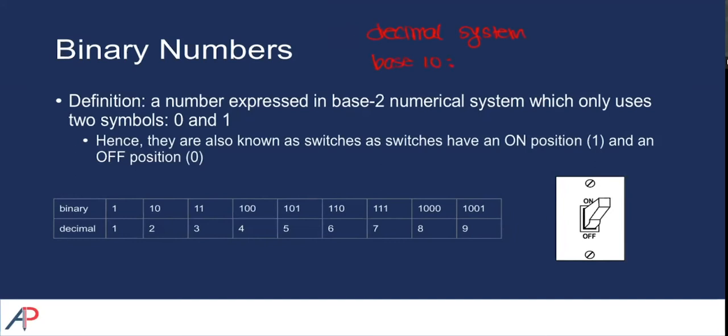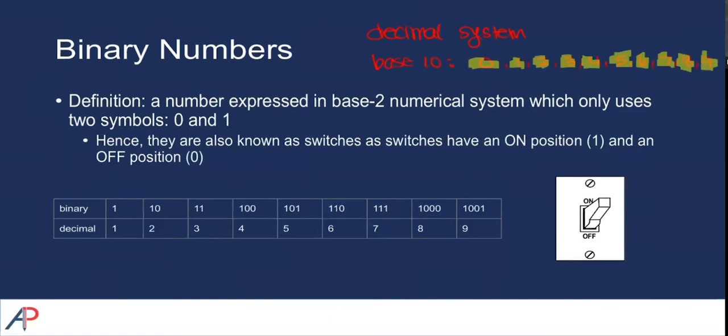The reason it's called a base 10 system is that if we count the actual digits that we use, we have 0, 1, 2, 3, 4, 5, 6, 7, 8, and 9. Those are the actual digits that we use. If we count the number of digits that we have, 1, 2, 3, 4, 5, 6, 7, 8, 9, 10.